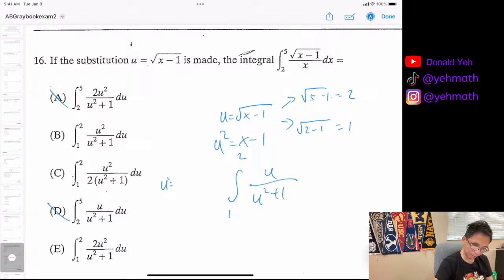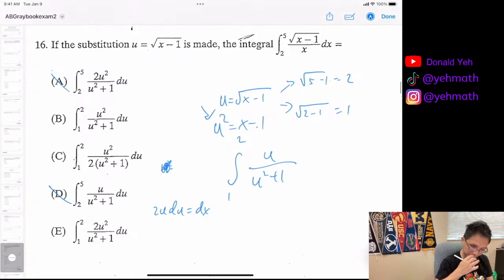You have to take a derivative here. It will be 2u du equal to dx. So the integration from 1 to 2 of 2u squared over u squared plus 1 du.